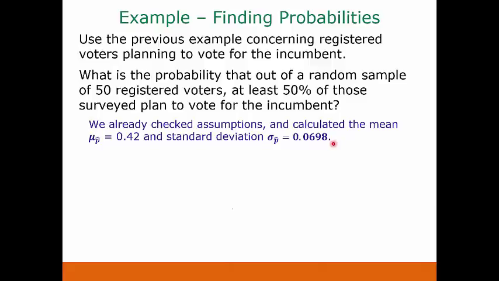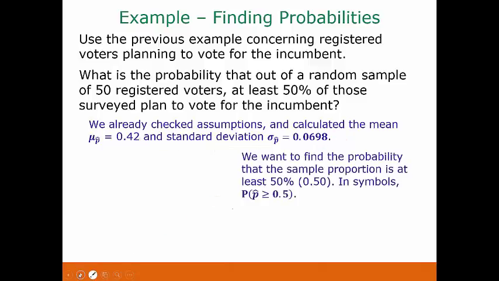So we have a normal distribution with this mean and the standard deviation. And we want to find the probability that the sample proportion, p hat, is at least 50%, or 0.50. In symbols, we have probability of p hat is greater than or equal to 0.5.